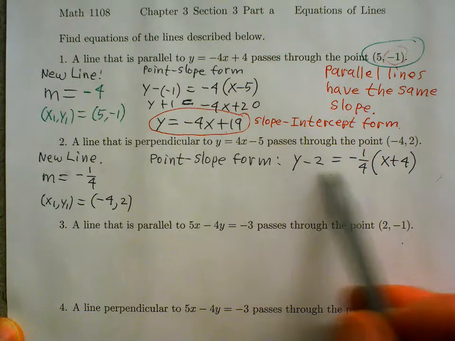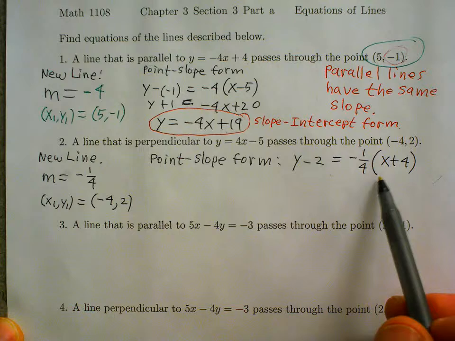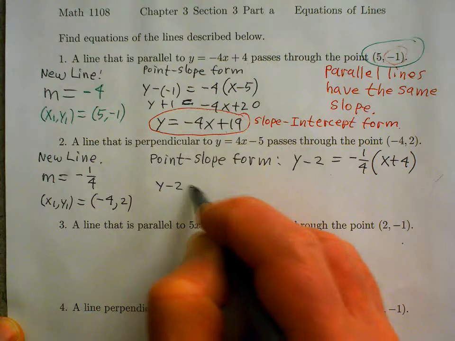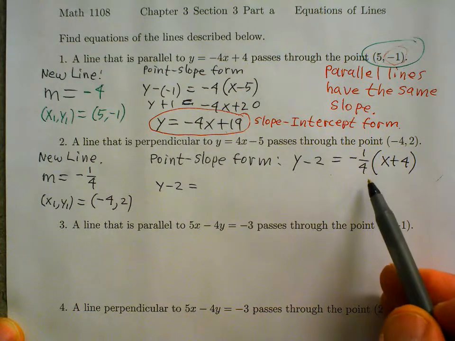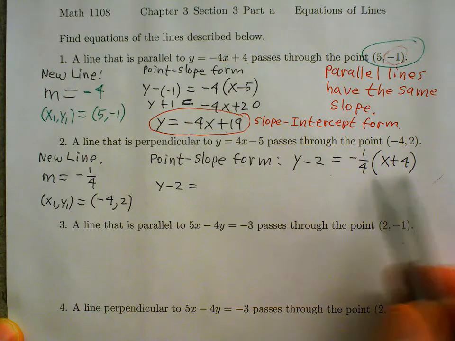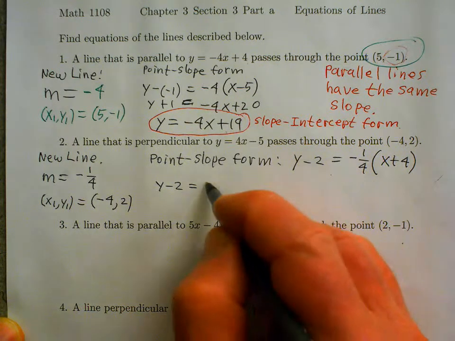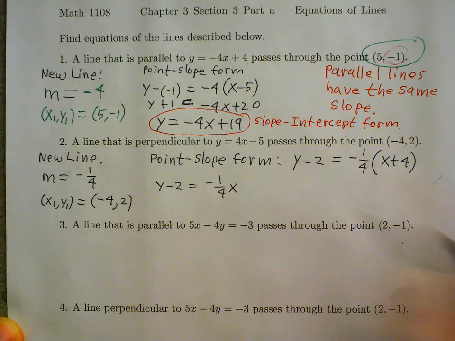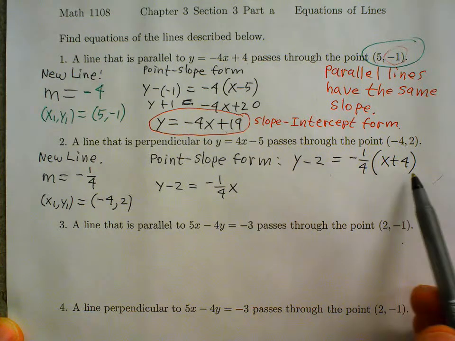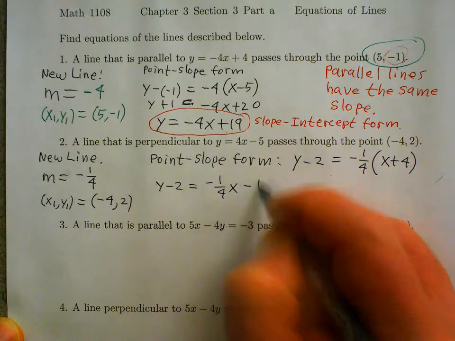And let's go ahead and write it in slope-intercept form. First, on the right-hand side, distribute multiplication by -1/4 over the binomial x plus 4. So -1/4 times x, and then plus -1/4 times 4 is plus -1, or -1.